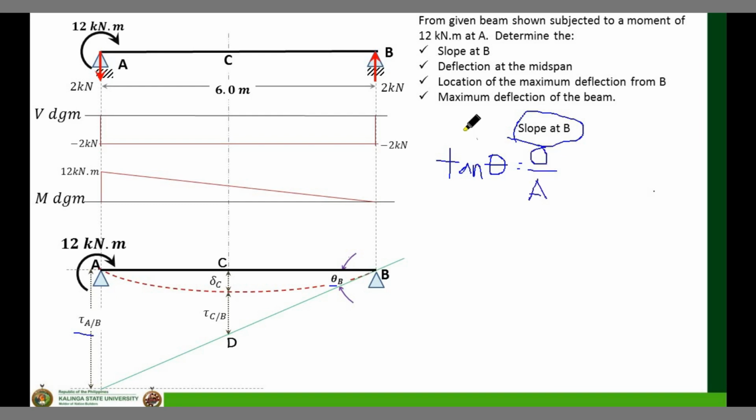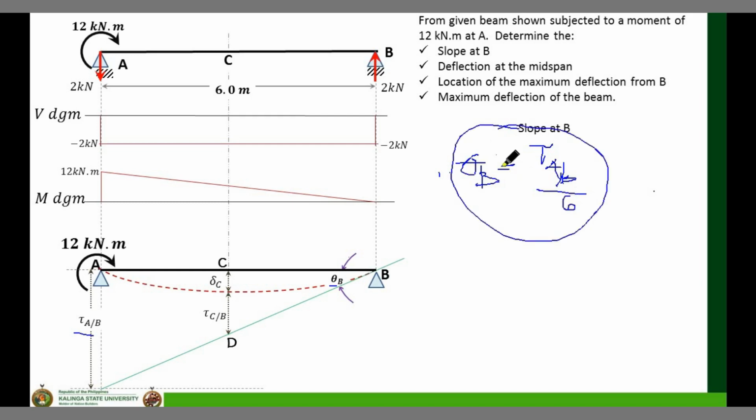Now, we're going to use the same relationship in here. But, since we're not dealing with angles, we're dealing with slope, alisin natin itong tangent na to. So, the slope at B now is equal to the opposite, which is the deviation of A with respect to B over yung ating adjacent ay 6. So, we're going to use this equation para ma-solve natin yung slope at B.